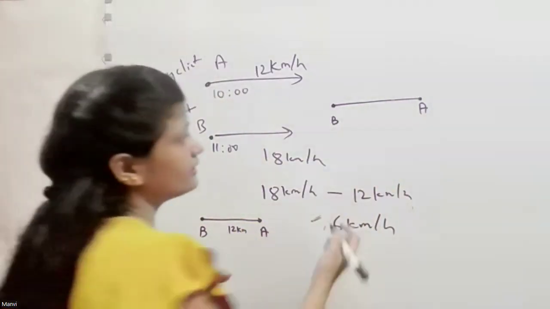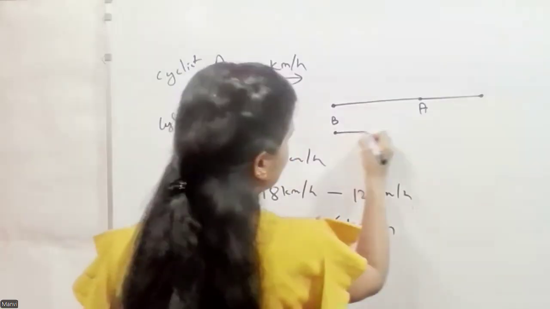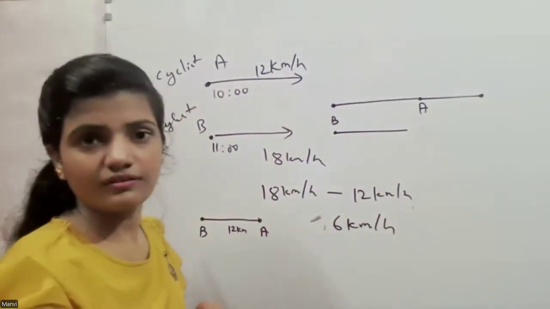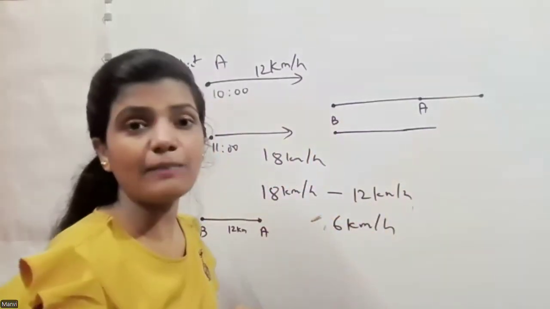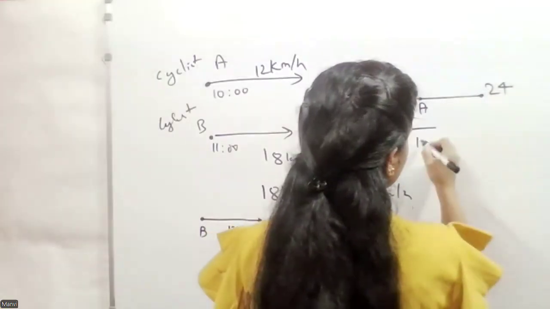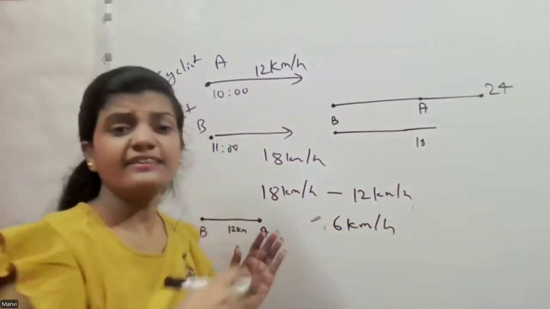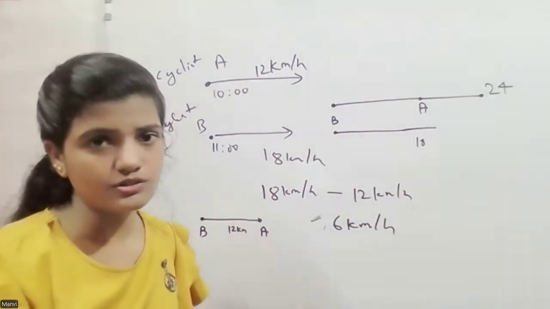In 2 hours, A is at 24, B is at 18. So in 1 hour the gap is 12, then at 2 hours it's 6. Then in 3 hours, then 4 hours, we can calculate like that.